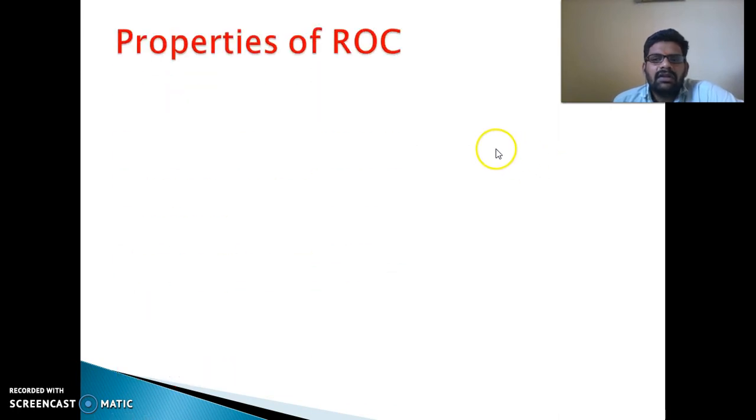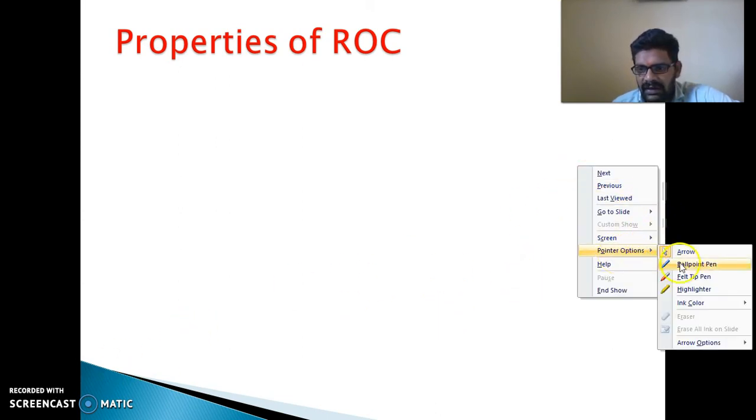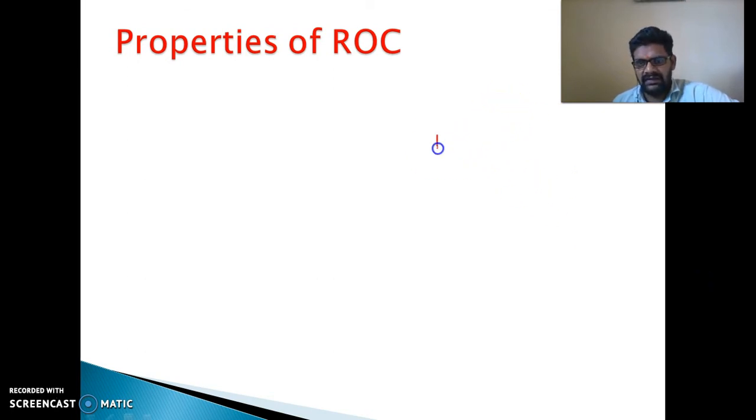So what are the properties of ROC? Like your S-plane ROC or S-domain ROC, this also has the same properties. But there is a difference between the Z-plane and the S-plane. Here also the plane has both a real axis and an imaginary axis.